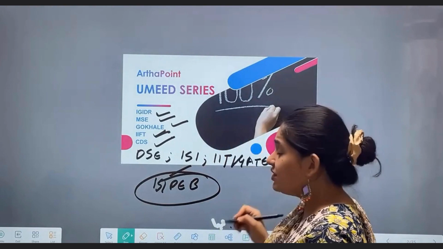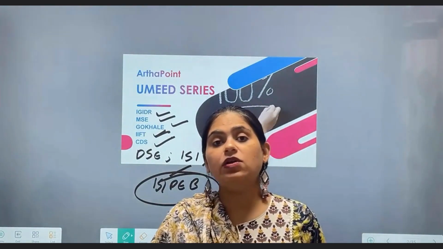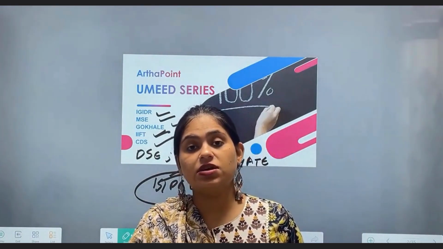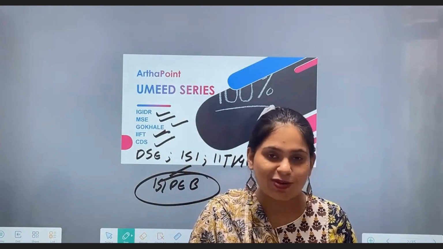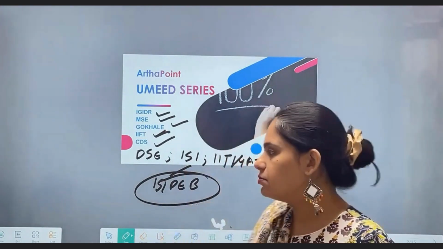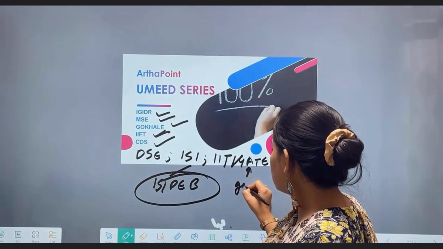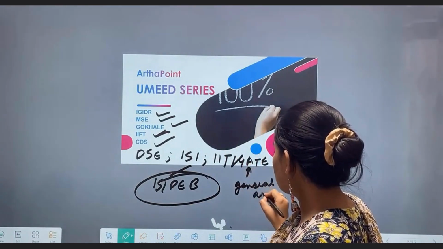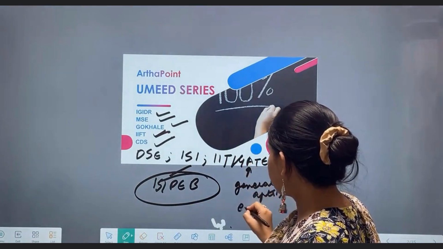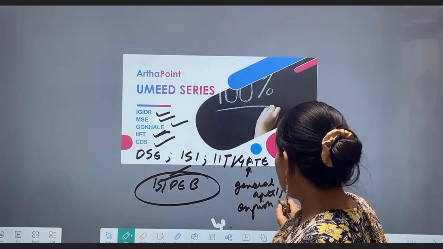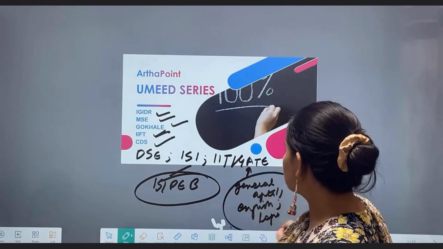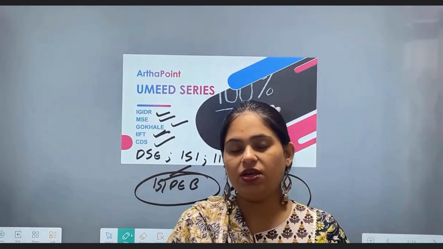By the way, IIT and GATE in themselves are very different. The paper level of IIT is extremely difficult, but the paper level of GATE would be easy, but you have to do general aptitude in that also, practice that. You have to practice English also, and logic also. So you have multiple other things in GATE which IIT is not requiring you to do.